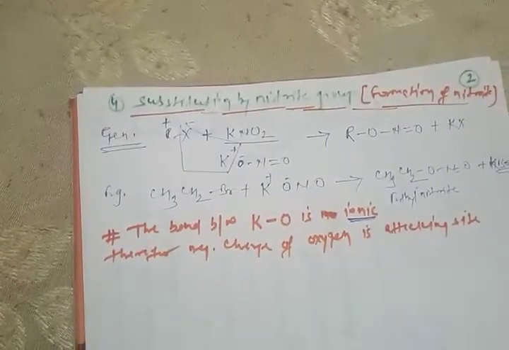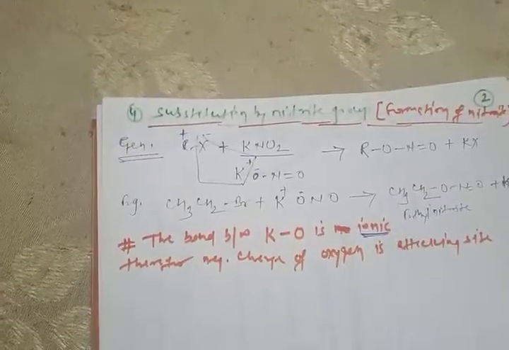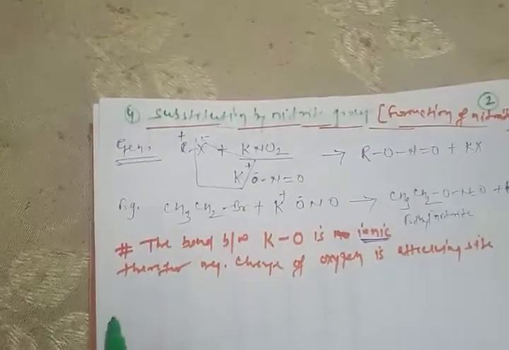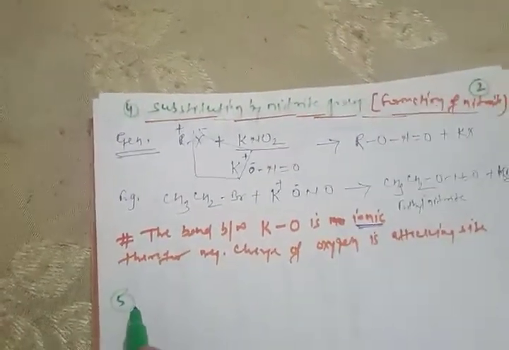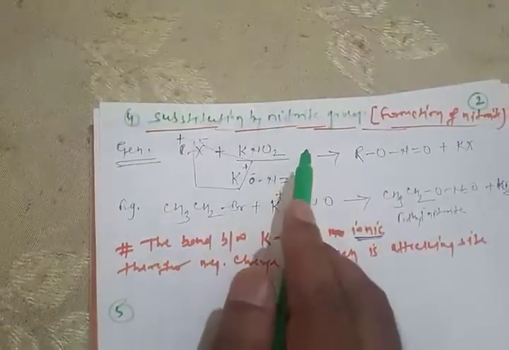Now moving ahead, the next reaction is very much relevant to this reaction, which is why I'm saying that it is a very important reaction. Number 5: here we are going to discuss substitution by nitro group.